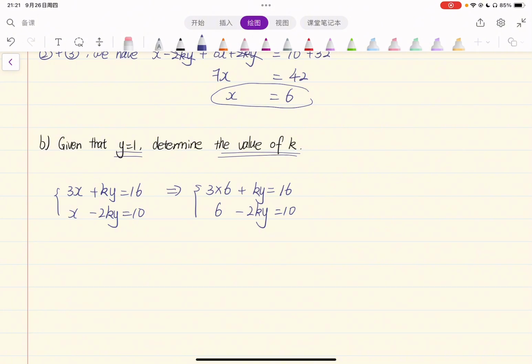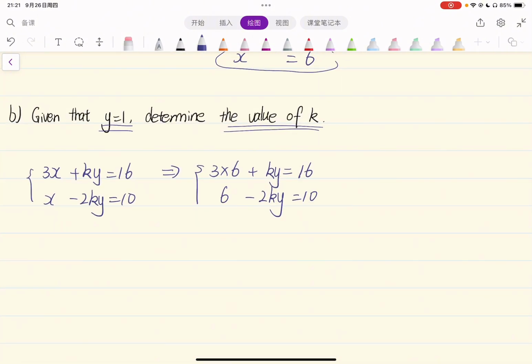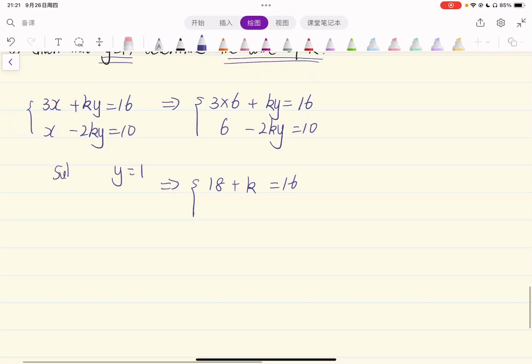Well, from part B, we have that y equals 1. Thus, we get 18 plus k equals 16. Here, we substitute y equals 1. Let me write over here. And then we have 6 minus 2k equals 10. So you can solve either equation of this pair to get the answer for k.